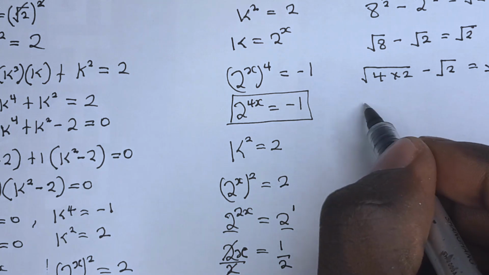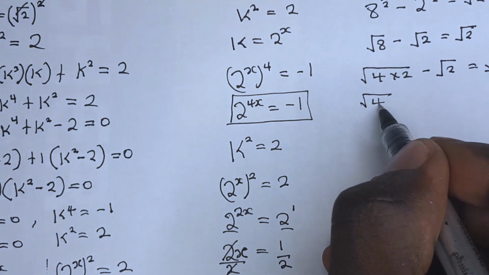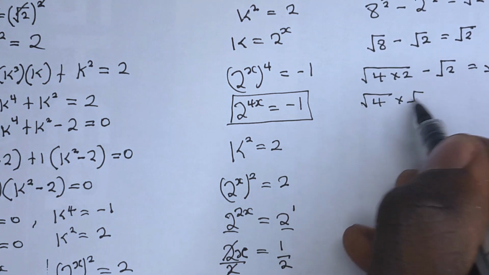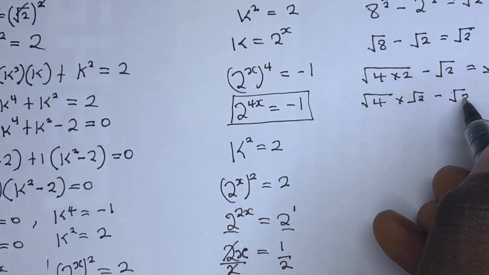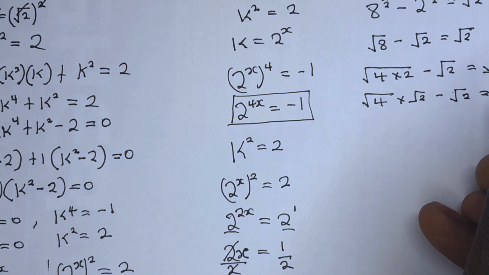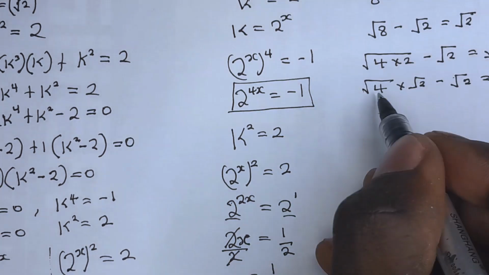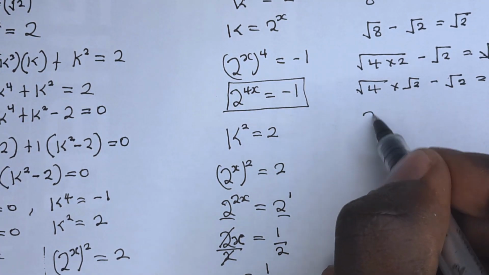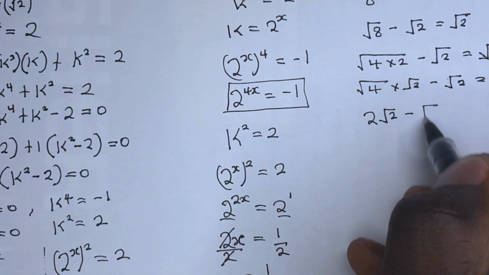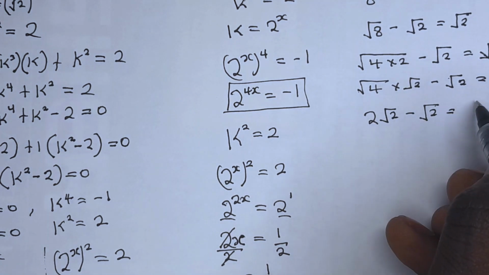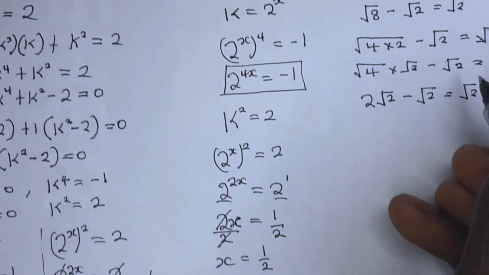And square root of 4 can be written as this, multiplied by square root of 2 minus square root of 2, which is equal to square root of 2. And square root of 4 is equal to 2, so 2 square root of 2 minus square root of 2 is equal to square root of 2.